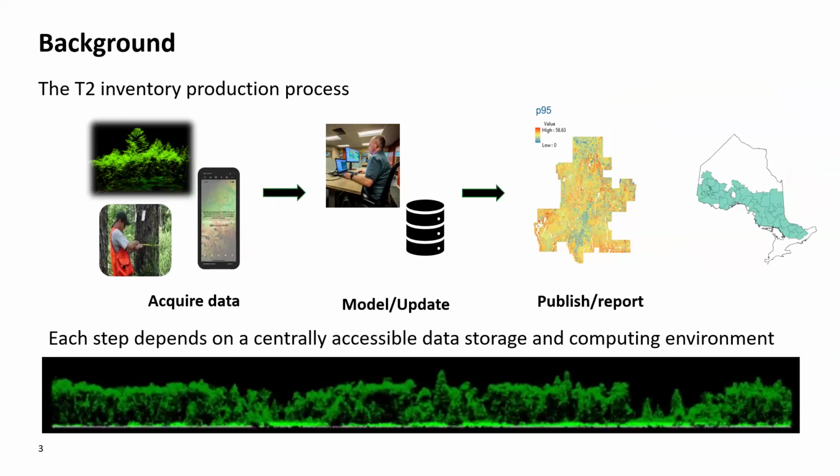The general background of the T2 inventory production process is mainly to acquire data first. So we're acquiring single photon LiDAR that averages in point density between 25 and 30 points per meter. We're collecting field plot data that uses a fixed area plot radius of 11.28 meters, which gives us 400 square meters of measurement.